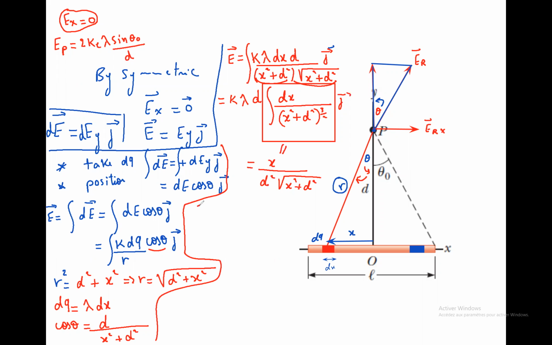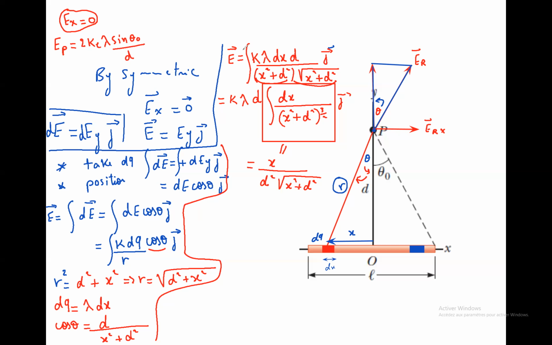We can say E equal k lambda d. But before, you see here we have only x as unknown. Okay, here we have x unknown. We have to put the limit of x. How can you find the limit of x?